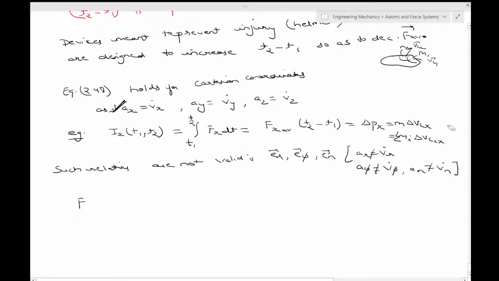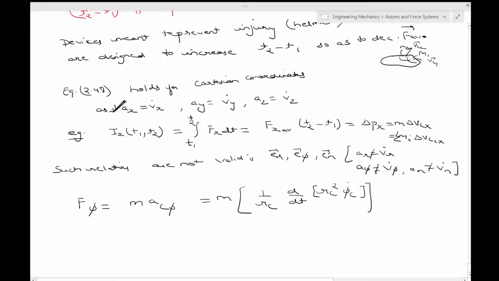But try doing that for the cylindrical system. So F_phi would be equal to m times a center of mass in the phi direction. This would be m. Now the acceleration, if you recall, is written as this: r_c squared phi_c dot.